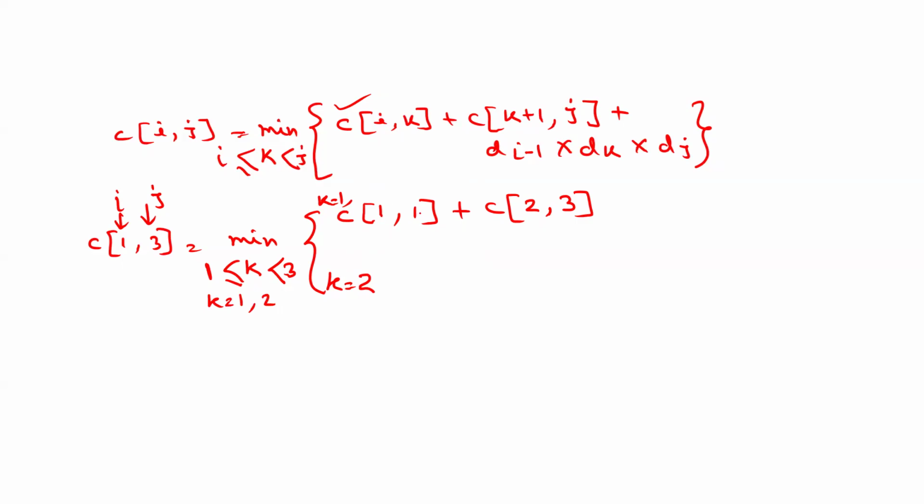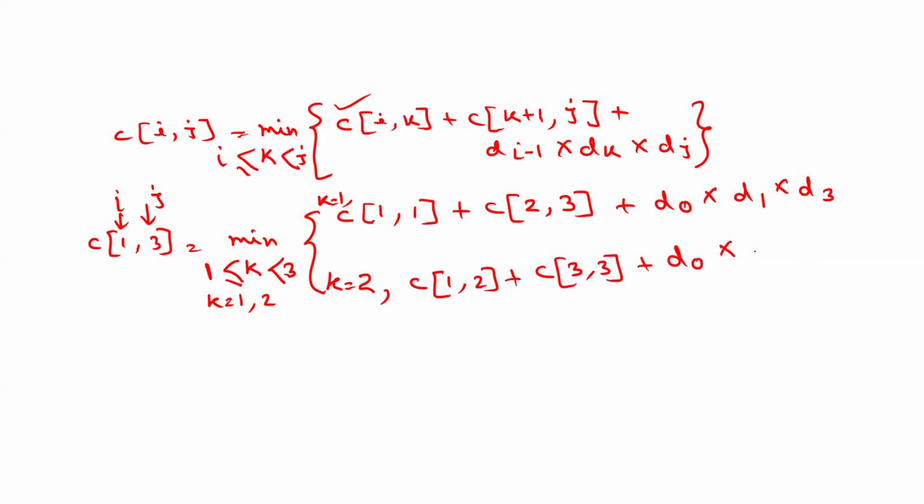So for k equals 1: C(1,1) plus C(k plus 1, j), plus d(i minus 1), that is d0, into dk, that is d1, into dj, that is j equals 3. And for k equals 2, what is the formula? C(1,2) plus C(2 plus 1, 3), that is C(3,3), plus d(i minus 1), that is d0, into dk, here d2, and dj.